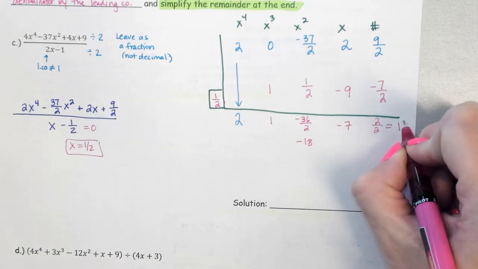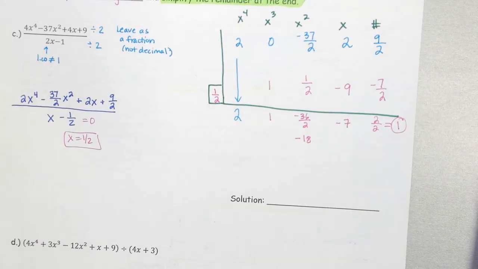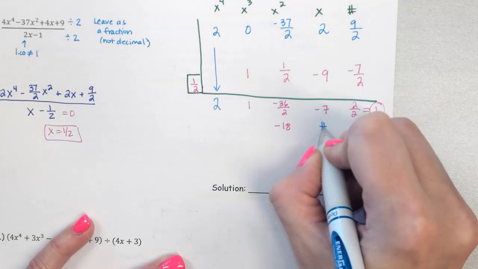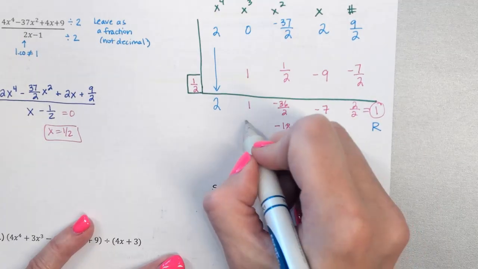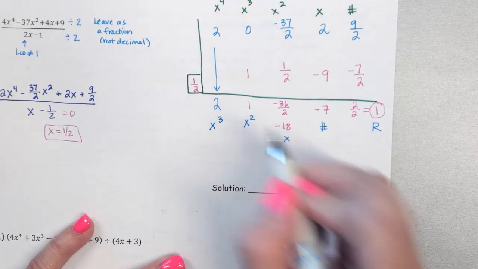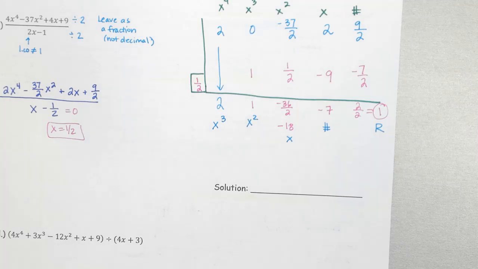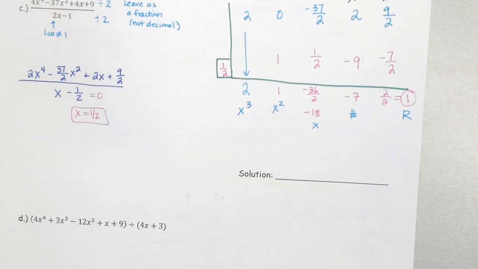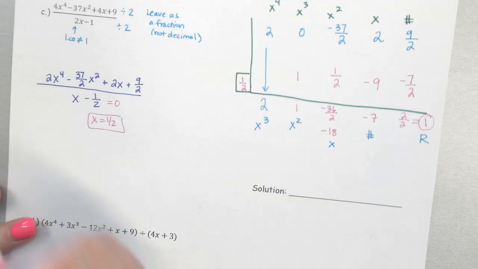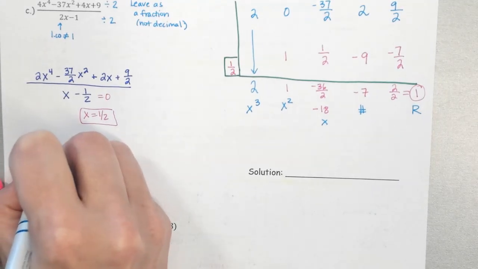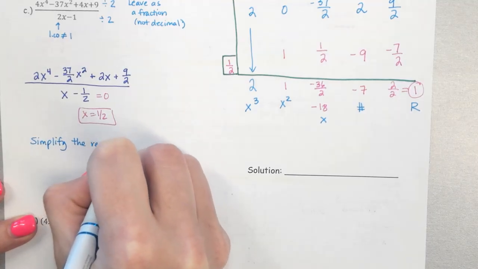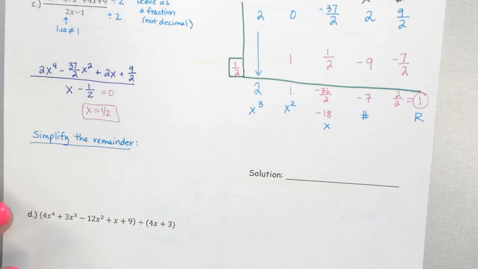So 2 over 2 simplifies to 1. All right, so this is going to be your remainder. This is your number term. This is your coefficient of x, your coefficient of x squared, your coefficient of x cubed. When you are simplifying the remainder, we are going to have to do one little part here. So to simplify the remainder, you are just going to have to do some multiplication.